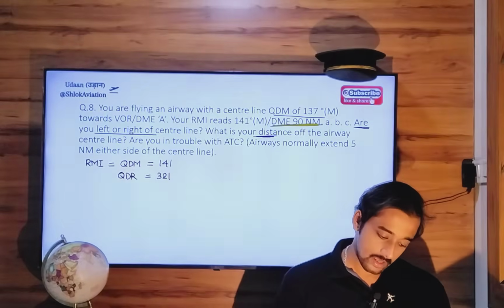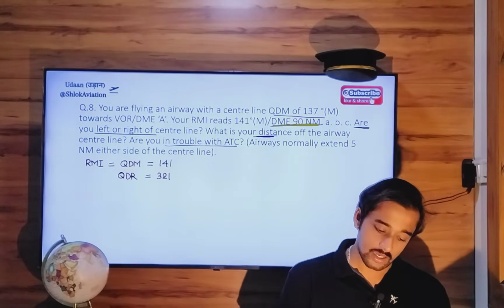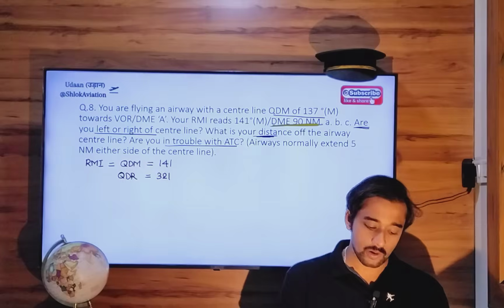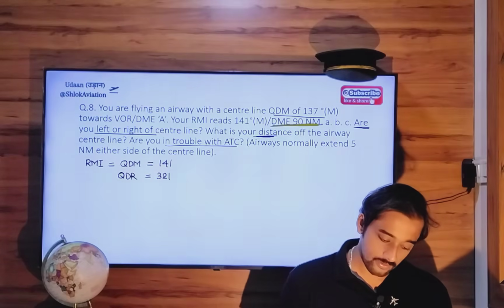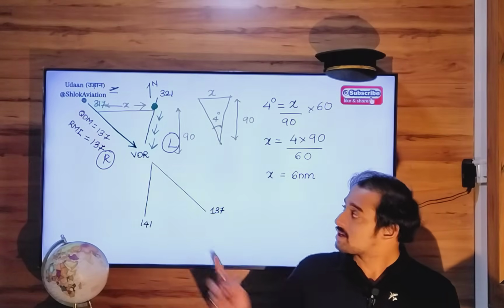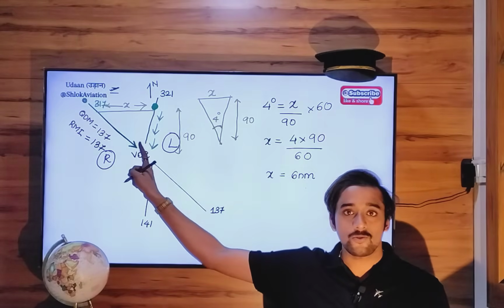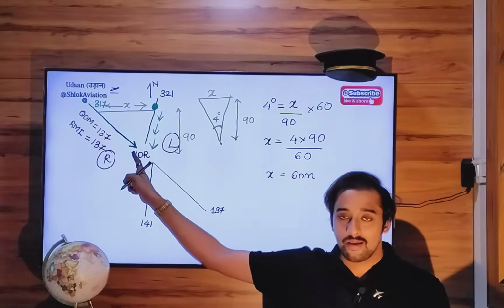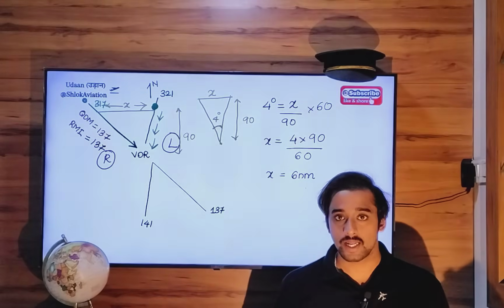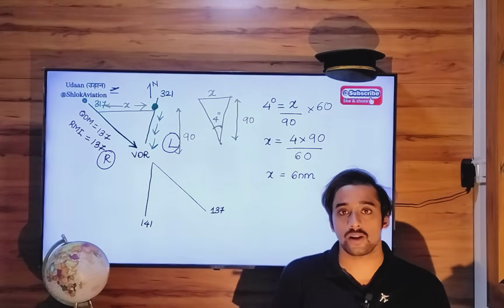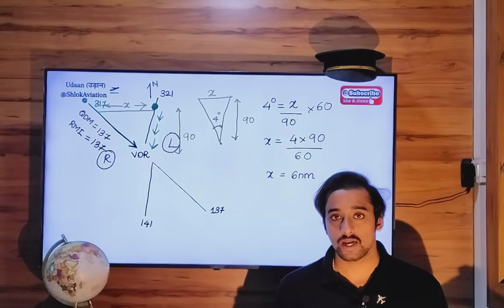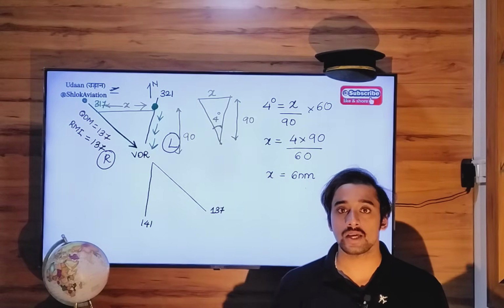Next, are you in trouble with ATC? Airways normally extend 5 nautical miles either side. If you are expected to follow this airway, that is radial 317 inbound, you have to follow the center line of the airway. But in case you are not able to follow the center line and you get deviated left or right, the maximum deviation that is possible is 5 nautical miles either side.